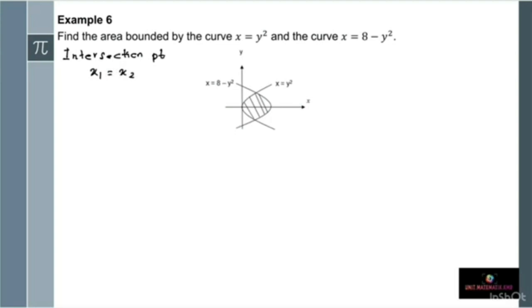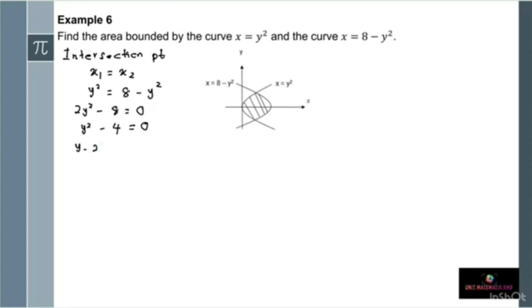So we take y squared equals 8 minus y squared, then we solve this. We have 2y squared minus 8 equals 0, so y squared minus 4 equals 0.